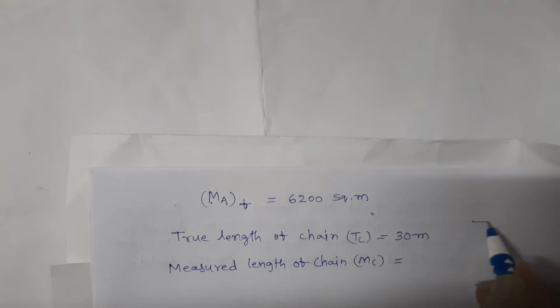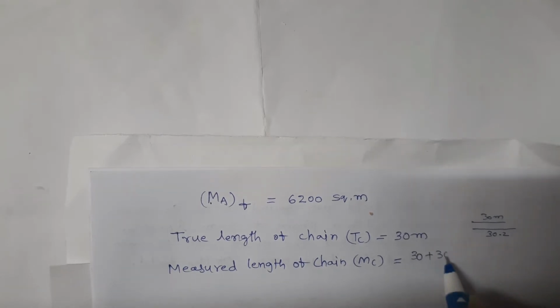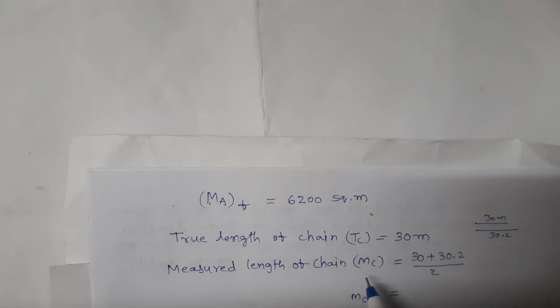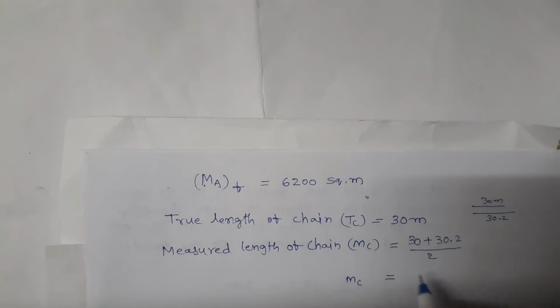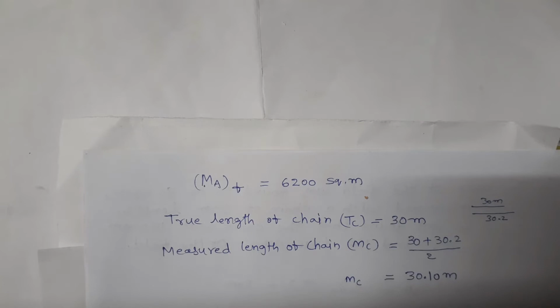At the beginning the chain length is 30 meters. At the end of the survey the chain length is 30.2 meters. So we have to take the average of these two, 30 plus 30.2 divided by 2. Measured length of chain, or incorrect length of chain or wrong length of chain, we can call any one, MC is equal to 30.10 meters.